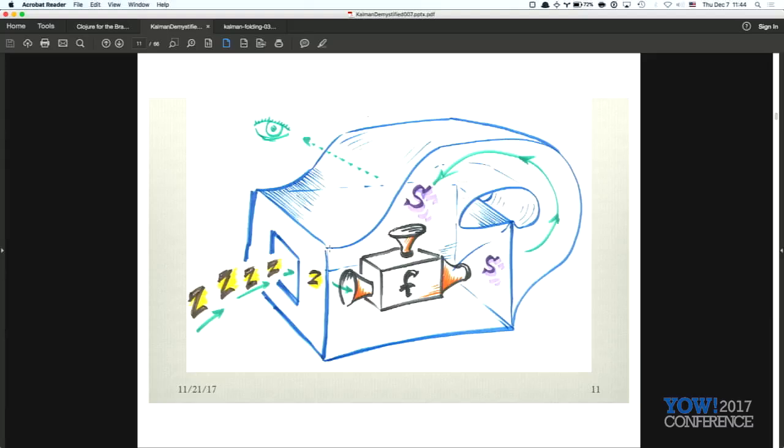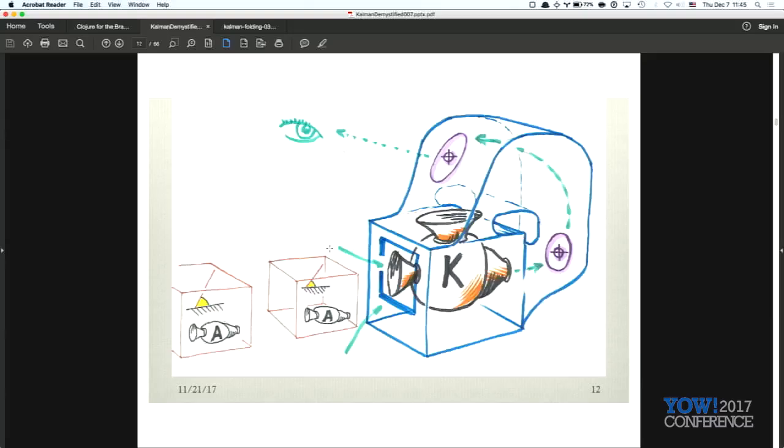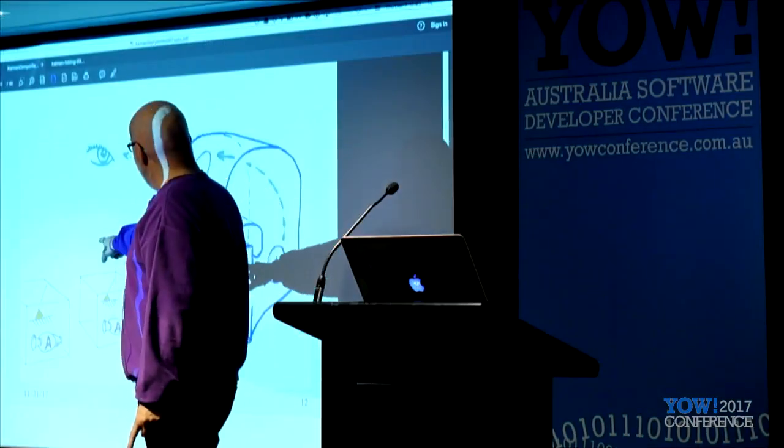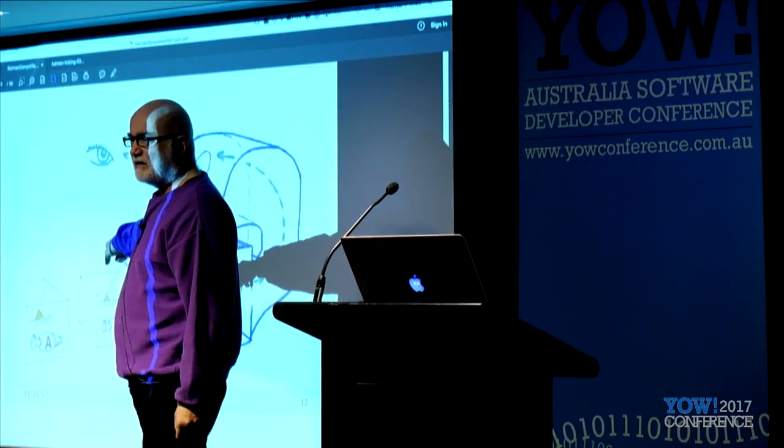But the thing to note is the function that's doing the data processing is completely decoupled from the mechanism of delivering the data. The mechanism of delivering the data is symbolized by the outer bottle. You can look in there and see the states at any time you like. So in the case of Kalman filtering, the state comes along with an ellipse, and the observation comes along with this model.